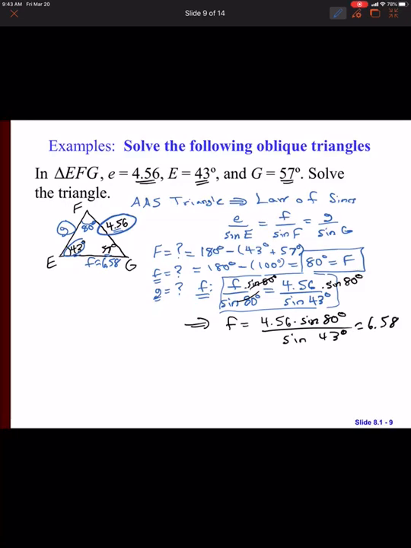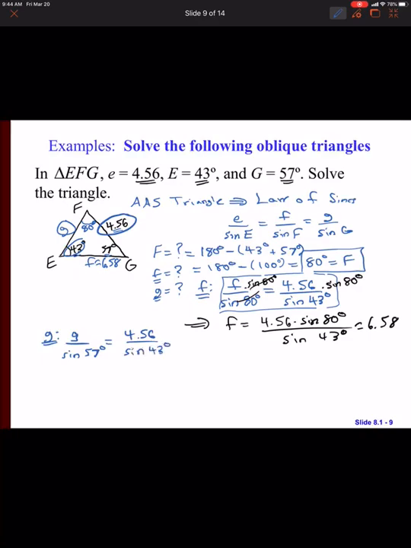Let's use our law. To find G, we know that G over the sine of angle G, which is given to be 57 degrees, is equal to, using the same ratio as in the last example, F over the sine of angle F, or G over sine of angle G, or E over sine of angle E. We're going to use E again, so 4.56 divided by the sine of 43.